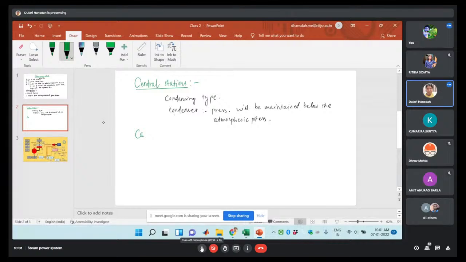Condensing type, here steam will be condensed. In a central power station, a large amount of steam will be exhausted from the turbine, so that can be utilized in those stations to produce the maximum output.